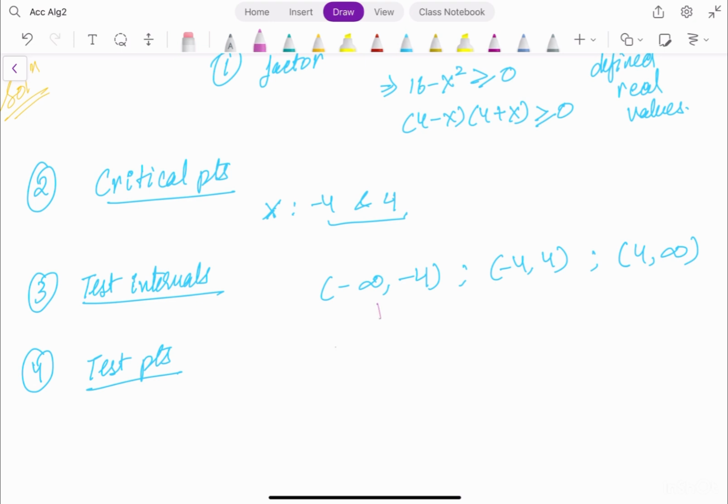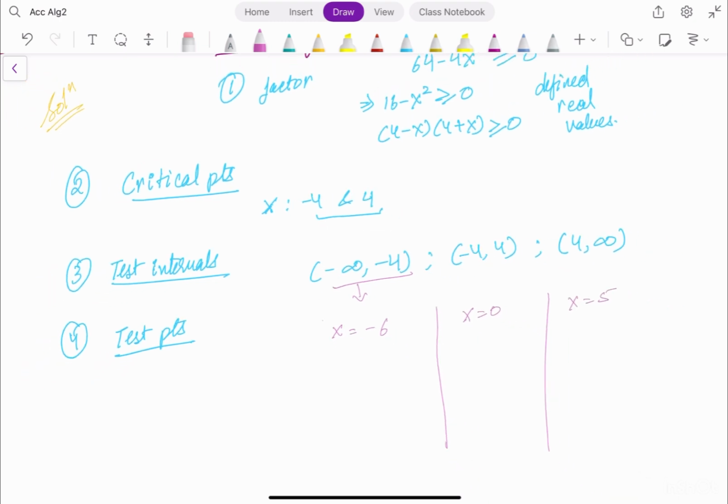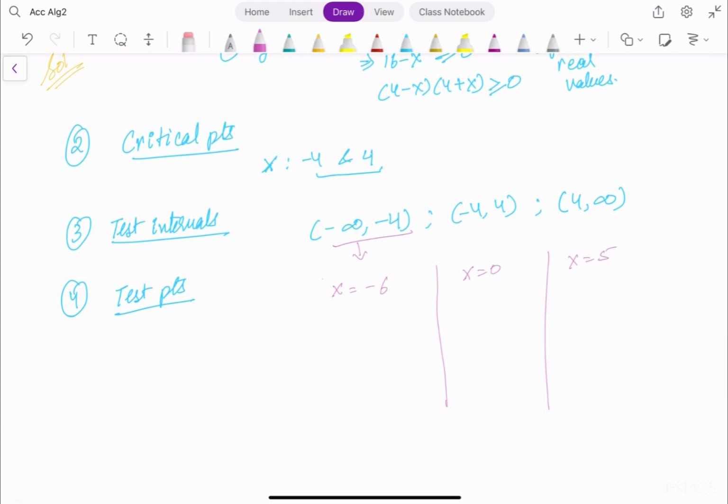Now, let's select any test points. So I selected negative 6 for the first one, 0 for the second, and 5 for the third. Again, do not evaluate, just check positive and negative aspect. So the 5th step is to check.